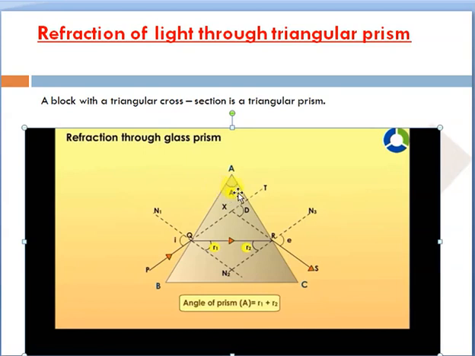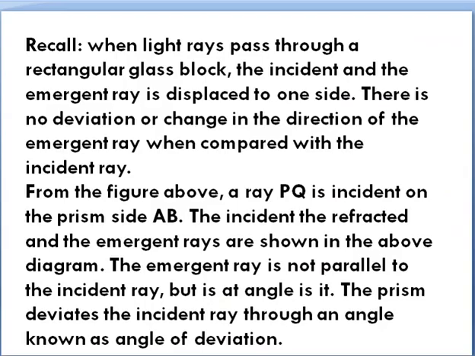Now recall that when a light ray passes through a rectangular glass block, the incident and emergent rays are displaced to one side. Remember, we talked about the rectangular prism, whereby a ray of light can move from air, incident ray from air, and on entering the glass prism, which is a rectangular prism, it will be refracted.